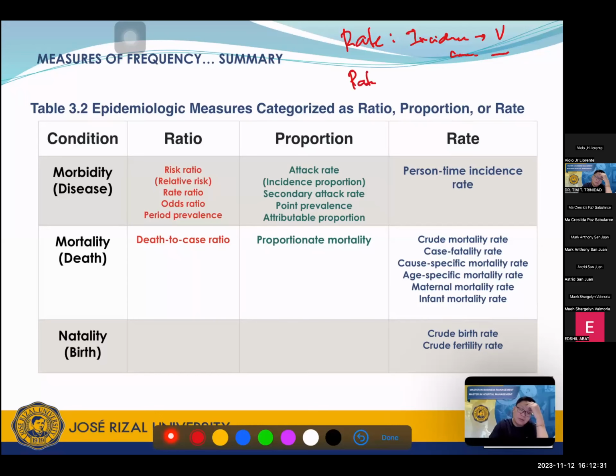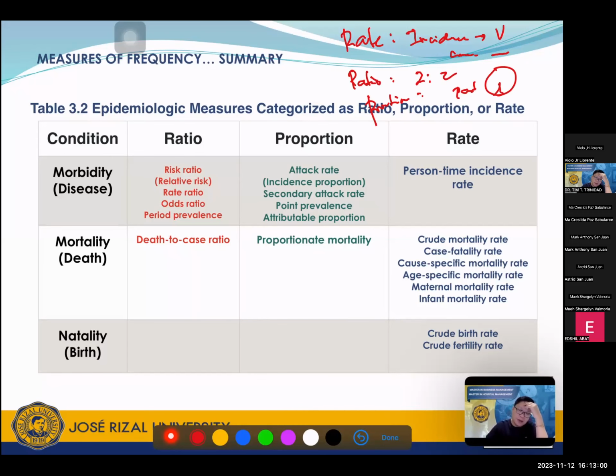Ratio is a description of 2. Okay. And your proportion is a representation of a part from the whole. Okay? Are we clear with rates, ratios, and proportion?